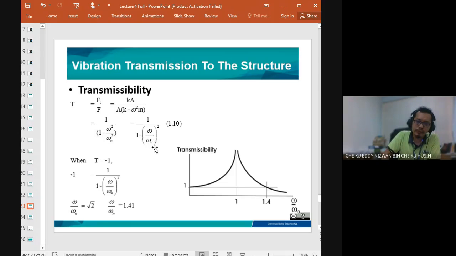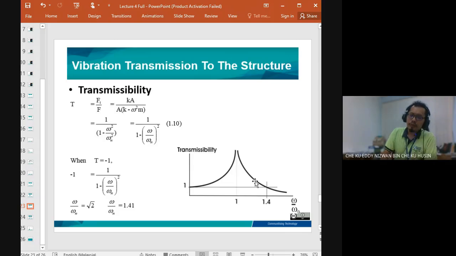At the start you have the static condition, and when you increase the speed until it reaches the natural frequency, you have infinite amplitude. You keep increasing, and then it starts to reduce.